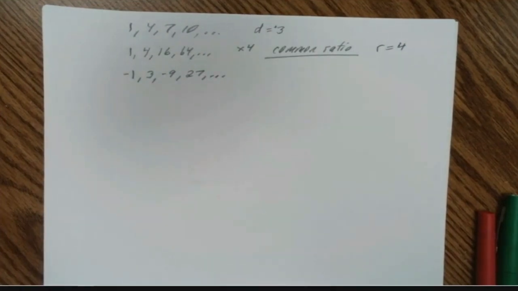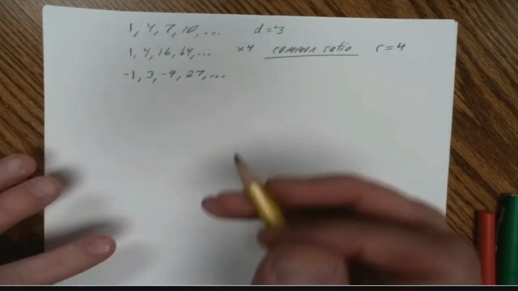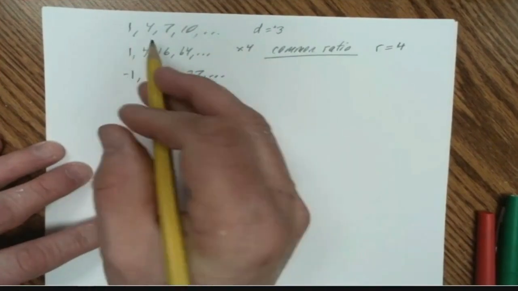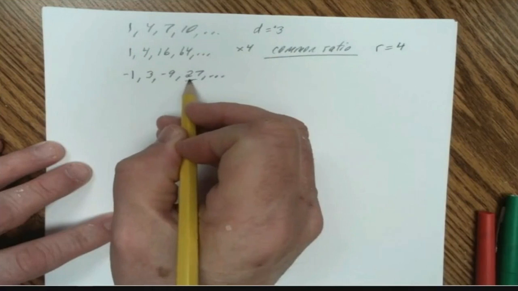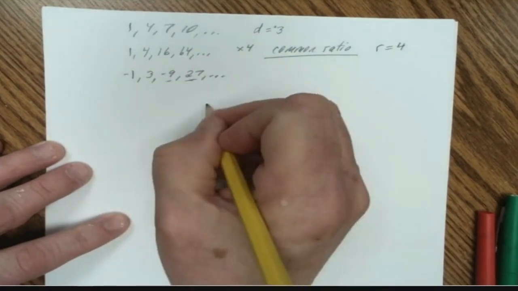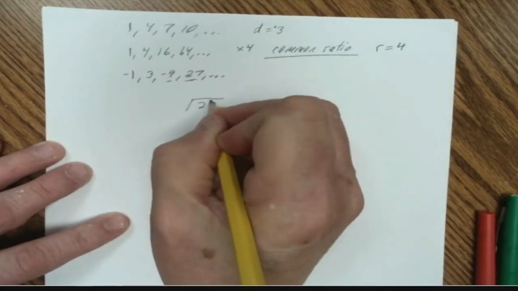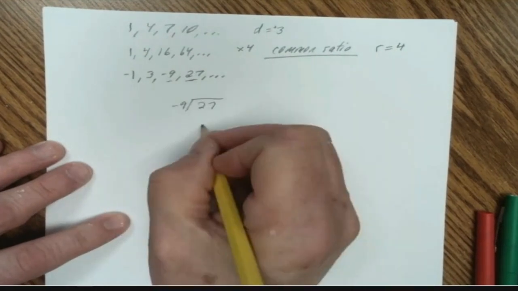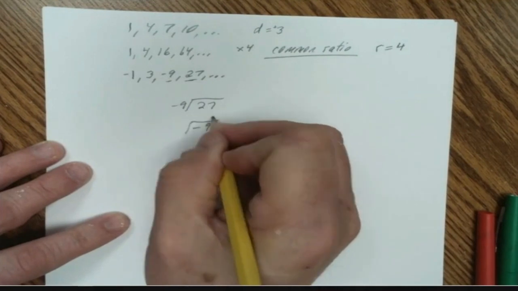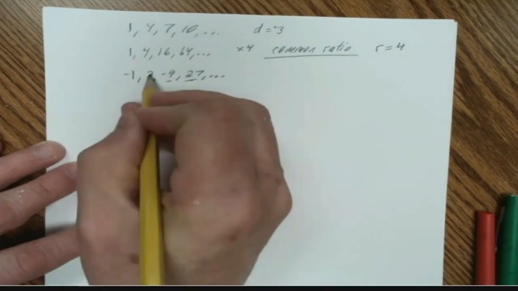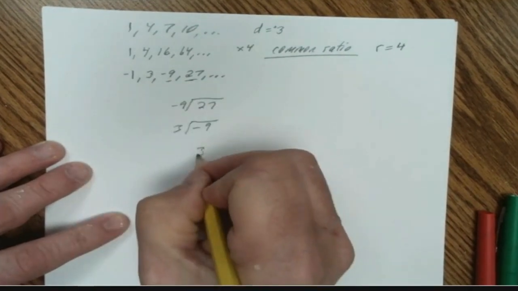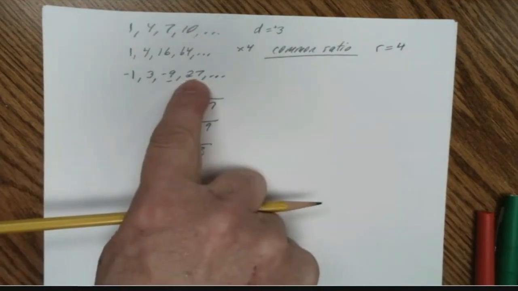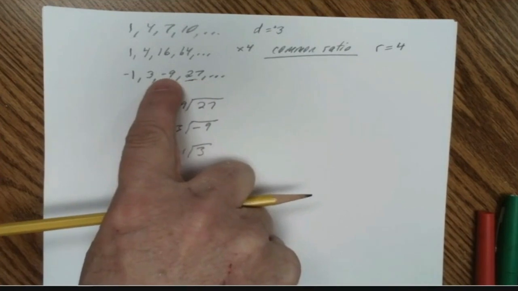If you don't know what's going on, just do the math. We know it's not arithmetic, so we don't have to subtract or add. Take this and divide it by this. What's 27 divided by -9? Is that the same as -9 divided by 3? And is that the same as 3 divided by -1? You just take a term and divide it by the term in front of it.